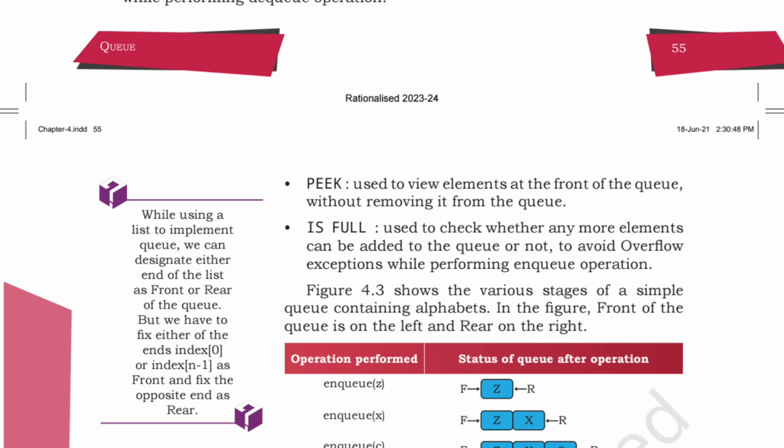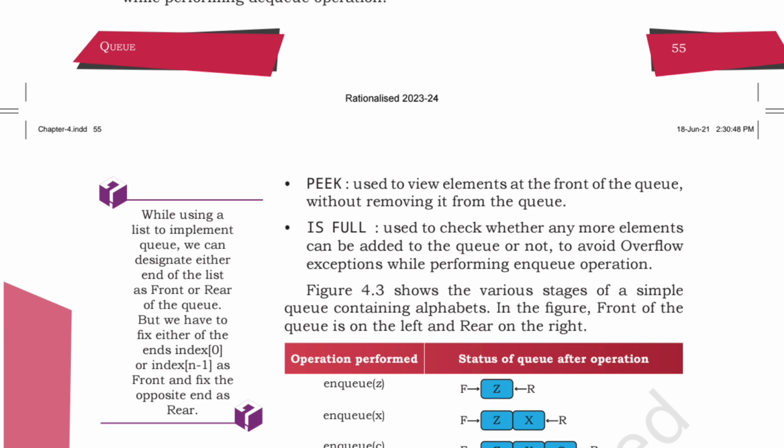Now isFull. It is used to check whether any more elements can be added to the queue or not. We have to check that to avoid overflow exceptions while performing the NQ operation.